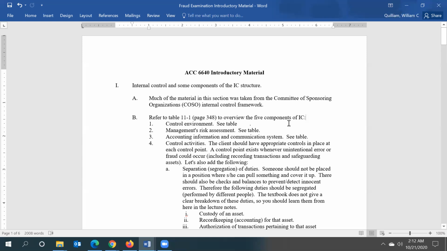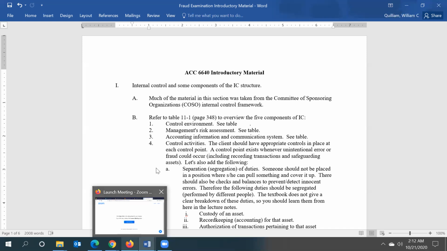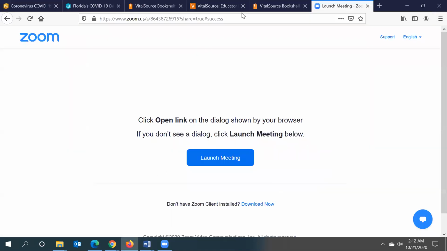So 3 I'm going to look at from the table, and then 2 other components I'm going to elaborate on here in the notes. The 3 components that we will take a look at just from the table will be the control environment, management risk assessment, and the accounting information and communication system. So let me turn over to the textbook and share that screen with you.